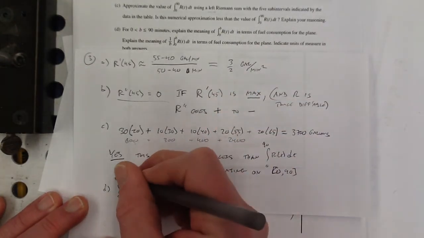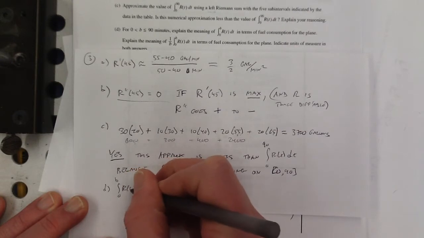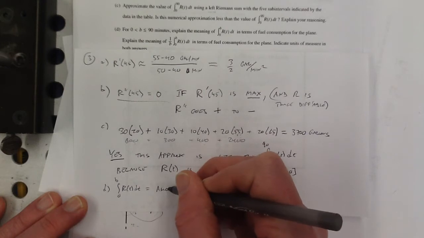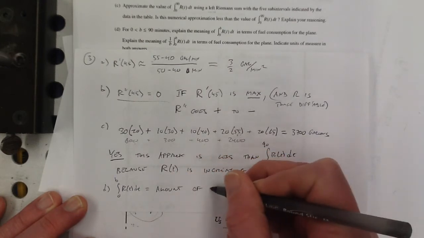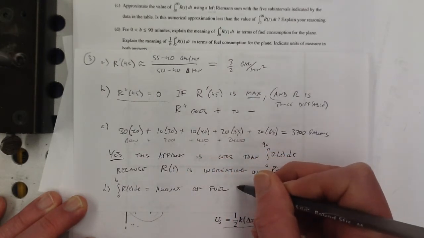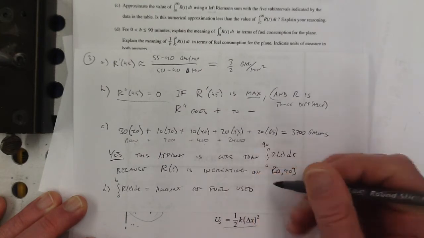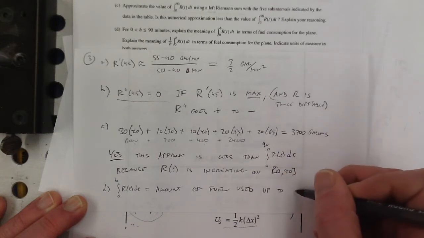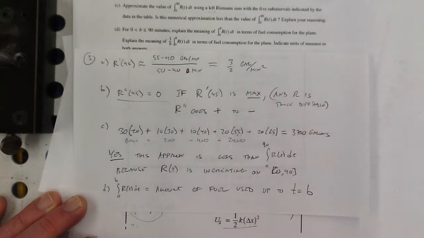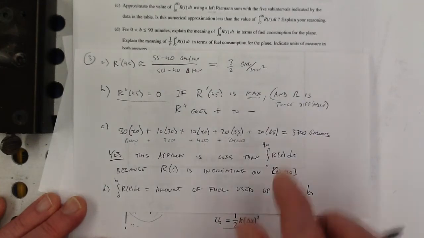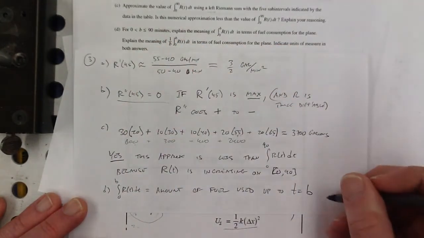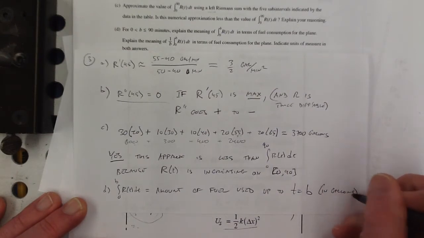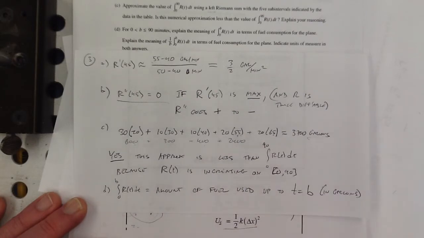Well, from 0 to b, that's the amount of fuel used up to time equals b, right? And the units of measure for both answers would be in gallons, just like this was in gallons.